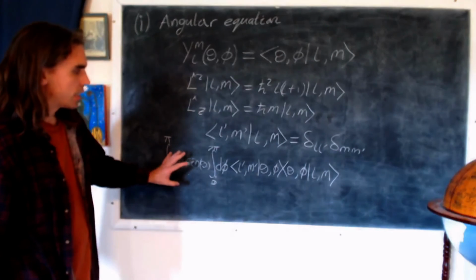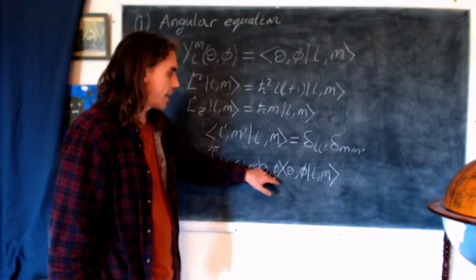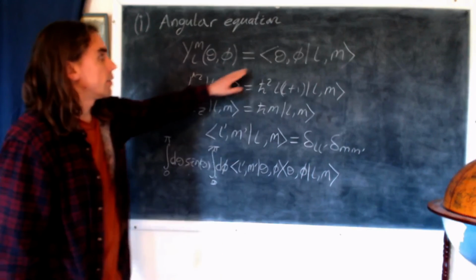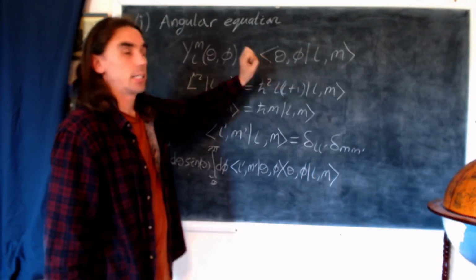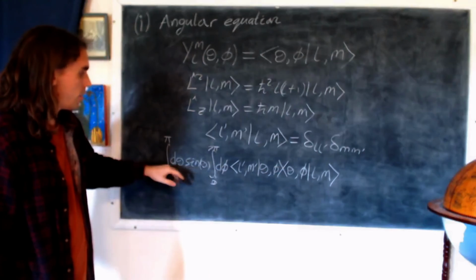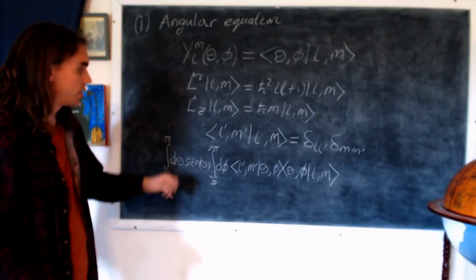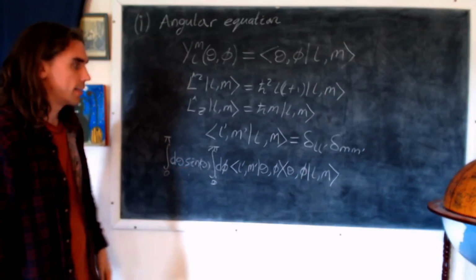That is just inserting the ket theta, phi, which hopefully makes sense. It's this ket up here that projects us into the theta phi space, and integrating over theta and phi, but we need to use the correct volume element here, the Jacobian that takes us from Cartesians to spherical polars, so we have a sine theta term here.